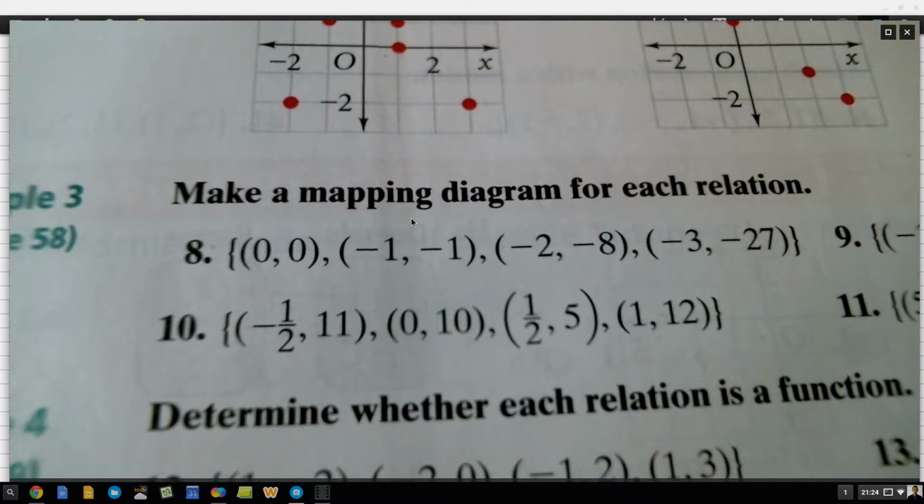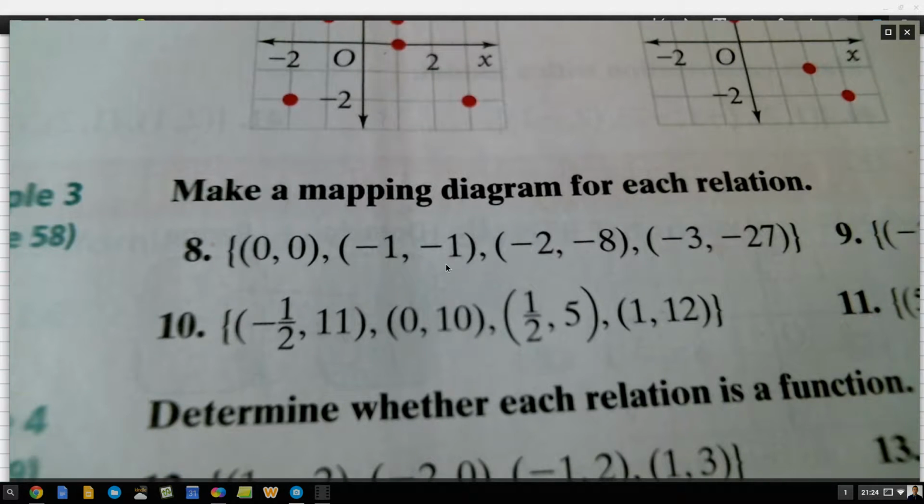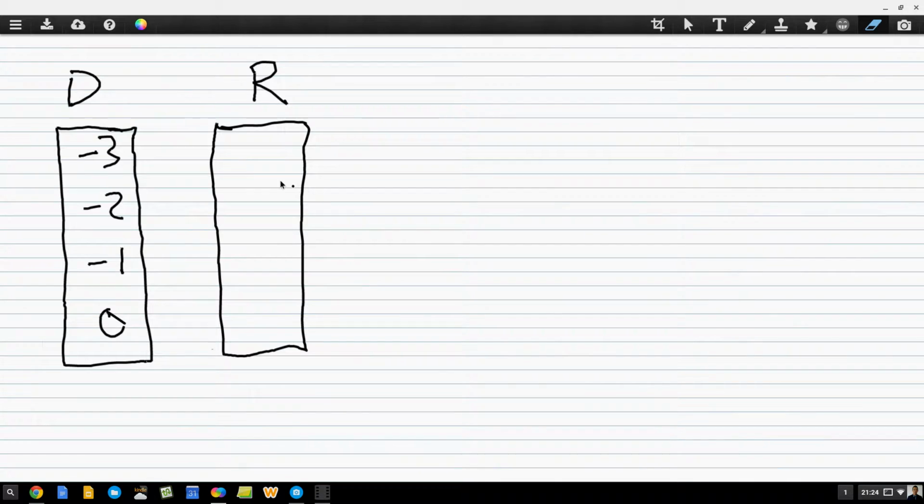Those are the outputs of the coordinate system. So once again, we put them in order from smallest to largest. So -27, -8, -1, 0. Okay. So the range here would be -27, -8, -1, and then 0.